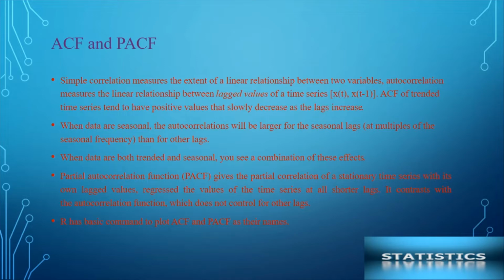Lag value is the difference between the two observations for which we are going to calculate autocorrelation. Suppose x1, x2, ..., xn is your sample of random observations. So x of t is the tth observation and x of t minus 1 is the (t minus 1)th observation.